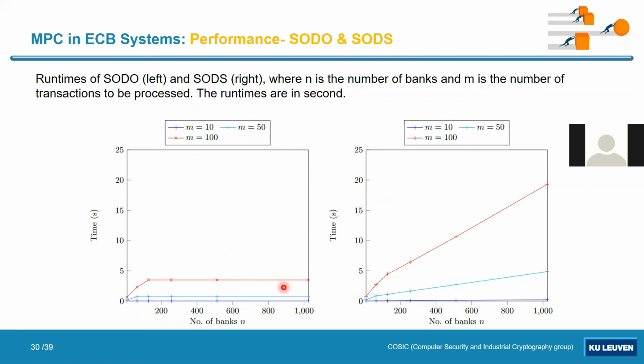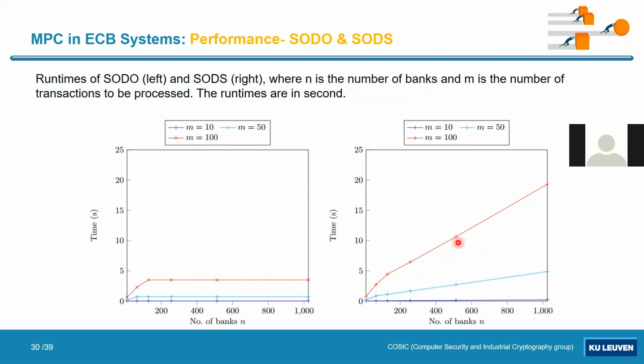And this is because in SODS the destinations are secret. The interesting thing is that when n grows bigger than m, in SODO we have a constant time, because everything is clear, and we get a constant graph here.